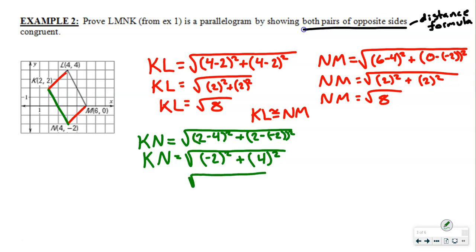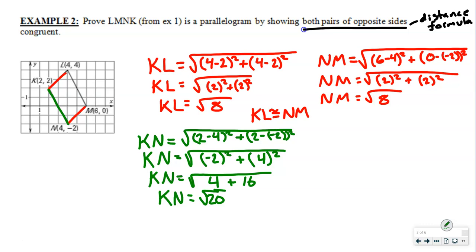So negative 2 squared is just 4, and 4 squared is 16. So KN equals the square root of 20.